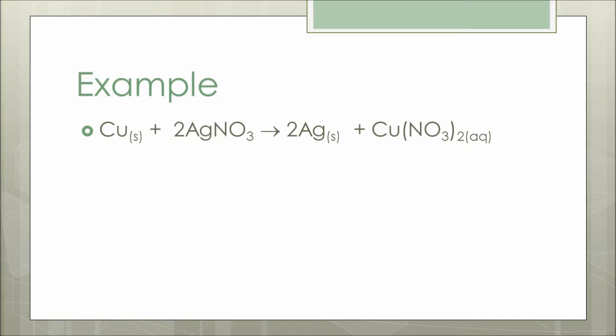If that was not the case, the reaction would not have taken place, which means if I replace copper with the metal gold, and if I put a gold chain in silver nitrate solution, nothing is going to happen. But if I put a copper penny in silver nitrate, I can actually obtain silver, and the copper will dissolve.